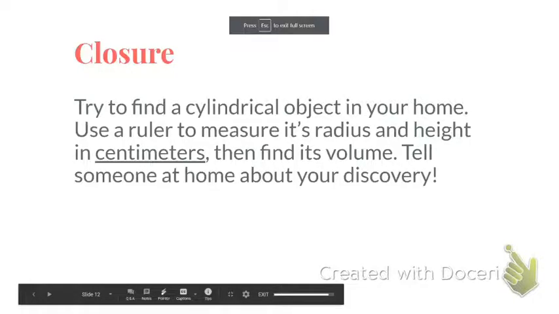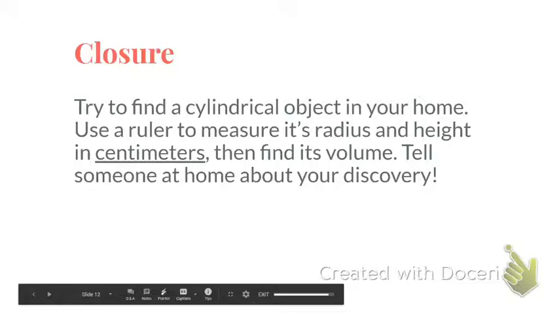But for our closure problem, I want you guys to go through your house and rummage through your pantry or find anything in your house that is a cylindrical shape, a cylinder. And then I want you to take a ruler, if you have one around, and measure the radius and its height.